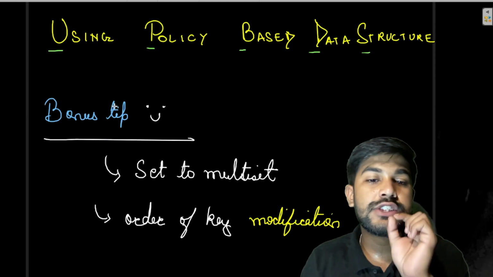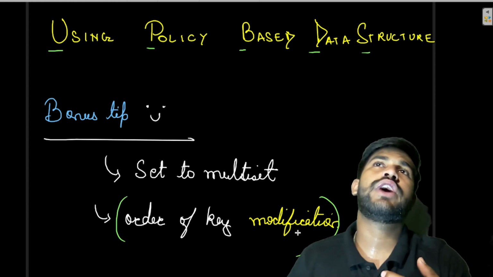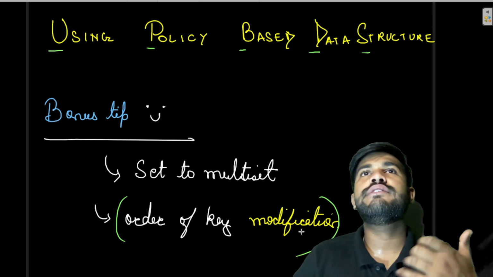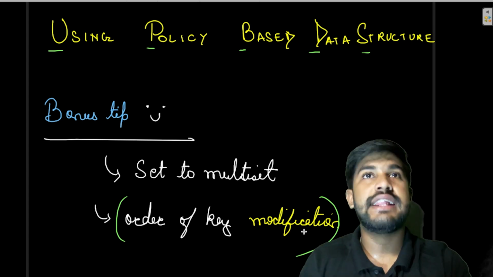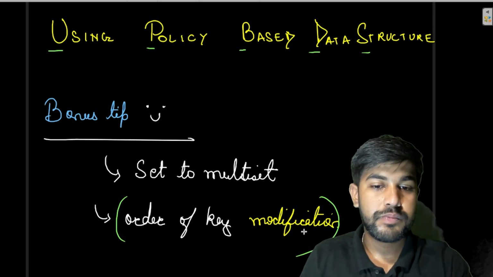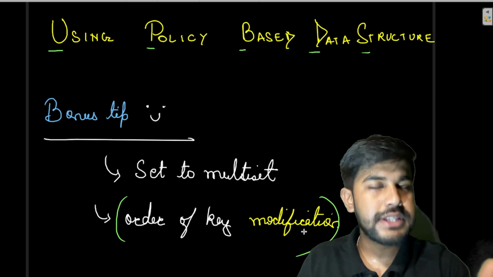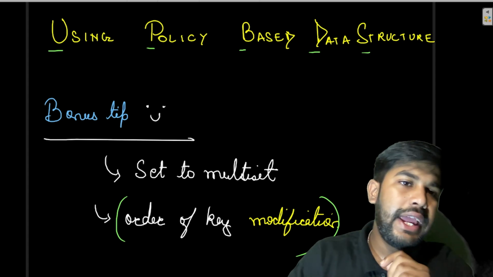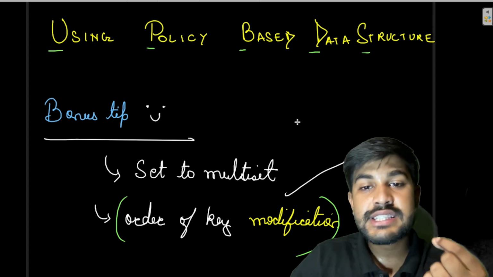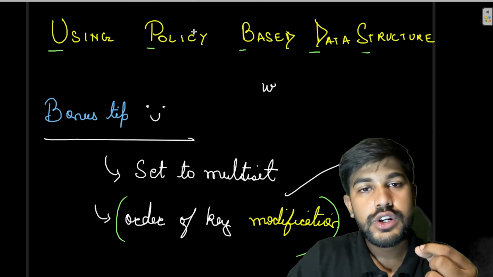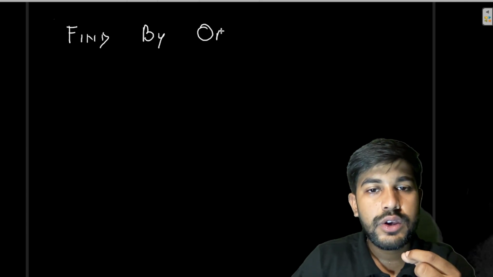Now there is one more bonus tip. Suppose I want the find by order to search the elements that are greater than that. This is kind of out of the syllabus, but suppose we want that.